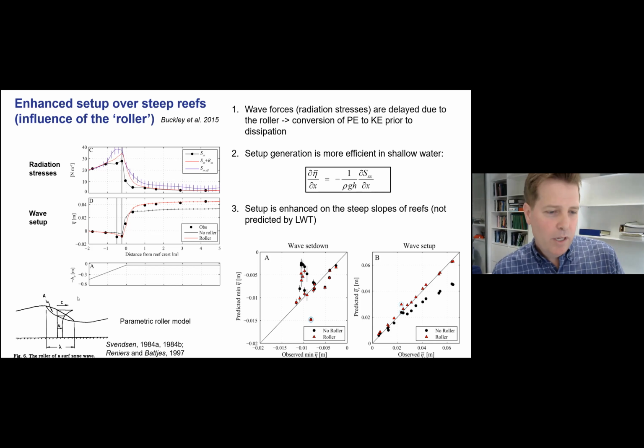When waves break, we get a decay in the potential energy, but a roller is established that generates all this turbulent kinetic energy. And that pushes the wave forces into shallower water. This is the concept of a roller, why people sometimes use roller models in predicting surf zone processes.